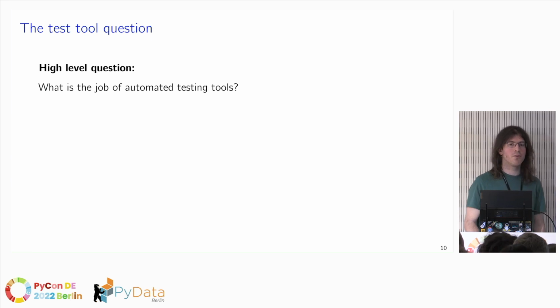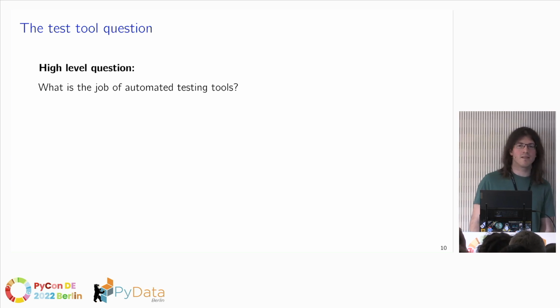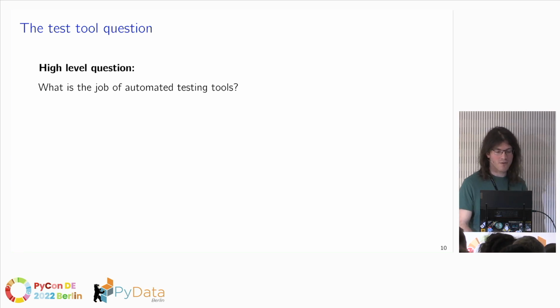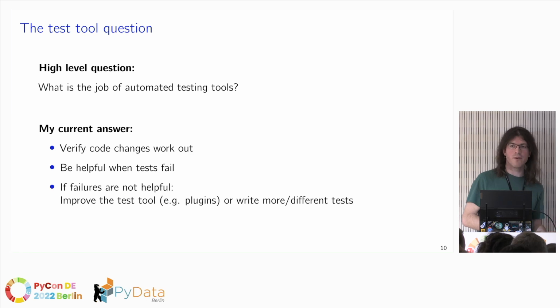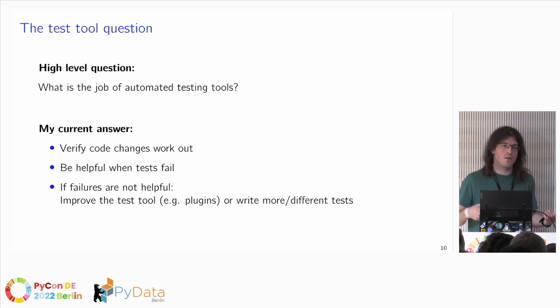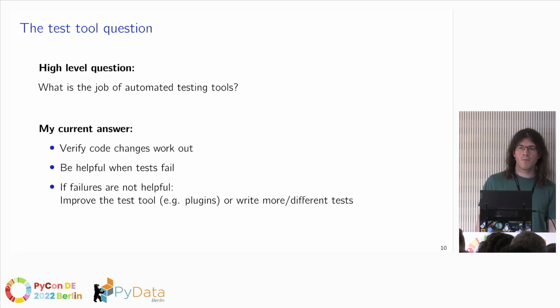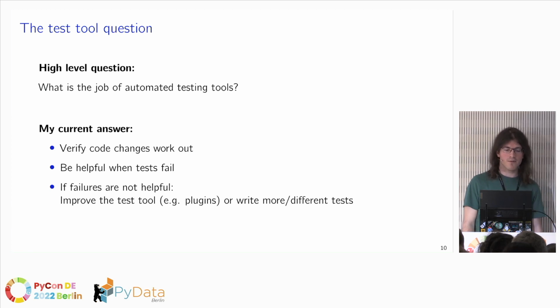So what's the job of an automated test tool like PyTest in this whole picture? I would say, well, it obviously needs to help you verify that your code works. That's what it's here for. But it also should be helpful when your tests fail.